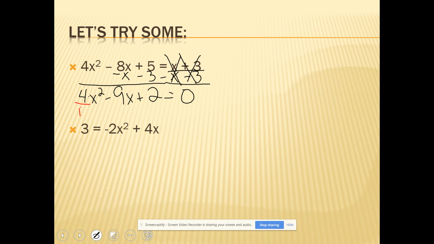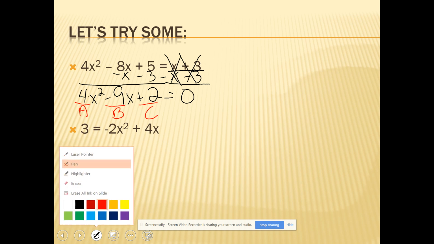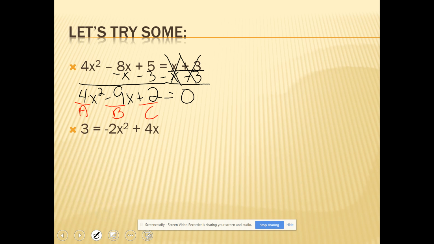Now I can label my a is 4, my b is -9, and my c is 2. Please make sure you know the a, b, and c are only the numbers, not the x's and the x squareds that are there with them. Now I can plug it into my formula. So we have -b, which is -9.